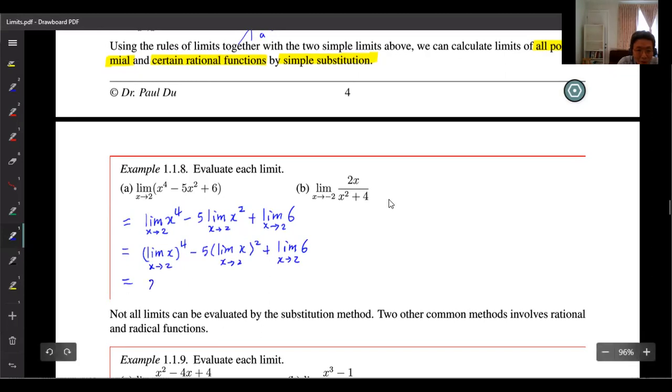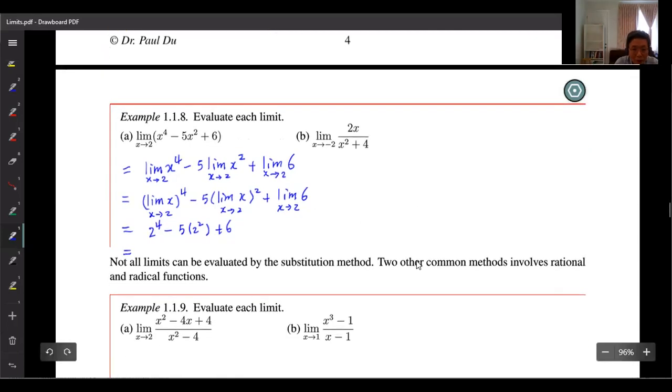So this is just 2. So 2 to the 4th power minus 5 times 2 squared plus 6. You can calculate this one: 20 plus 16 plus 16 minus 20 is 6. If I'm wrong, please correct me. That's good. So that's how you calculate a limit.